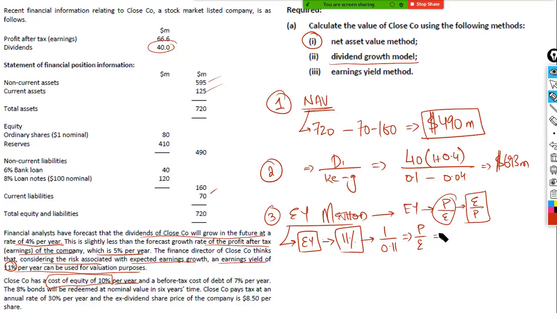This is my price to earning ratio, the ratio that is expected for valuation purposes. So I've got the price to earning ratio now. So simply now what do I need to do? I need to multiply by the earnings. How much earnings is the company currently earning?